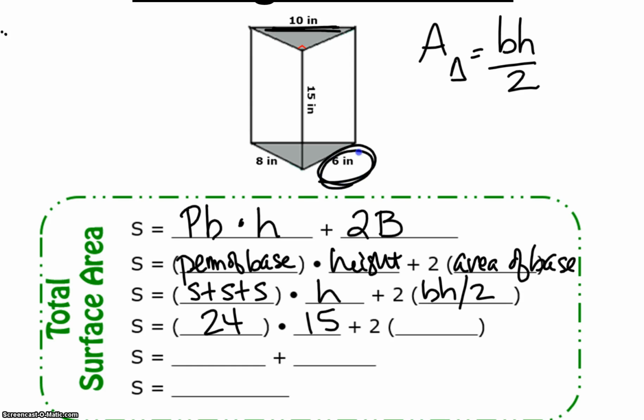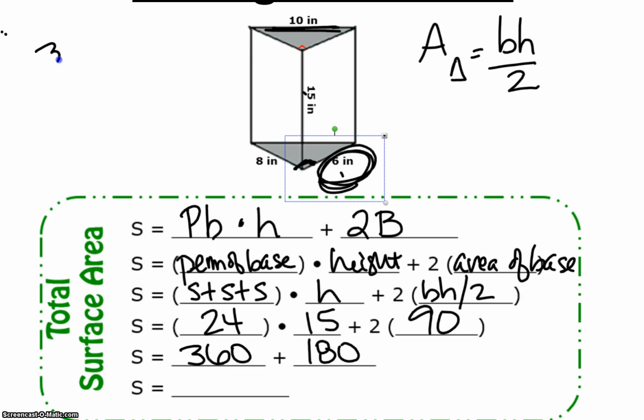Here's your base, because the right angle is right there. So 6 times 15 would be 90. 24 times 15 we said was 360, plus 180 would be 540 inches squared.